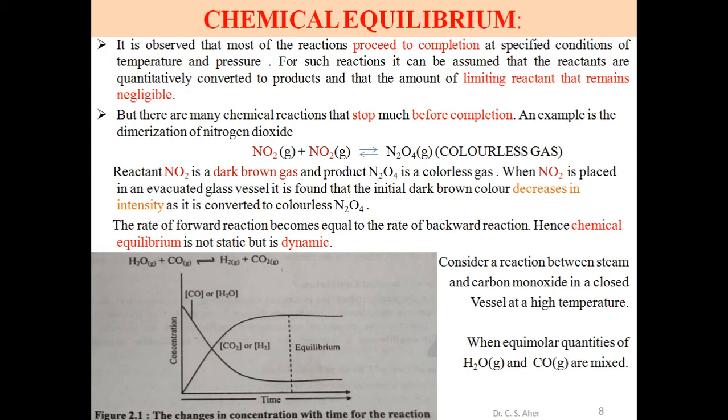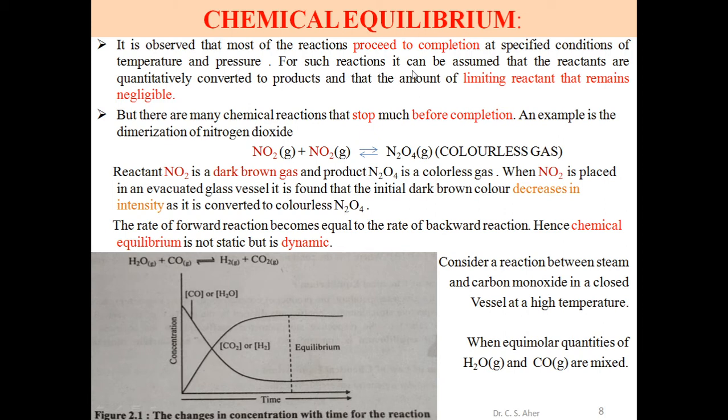See, now our chapter is chemical equilibrium. Now we start the theoretical part, chemical equilibrium. It is observed that most reactions proceed to completion at specific conditions of temperature and pressure.